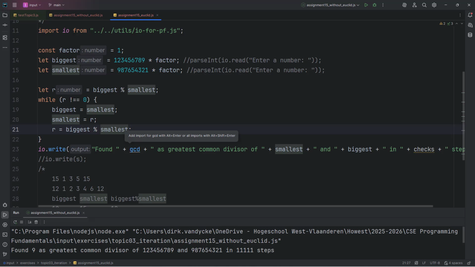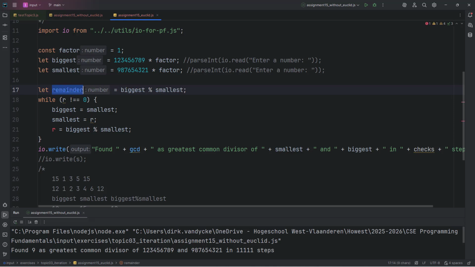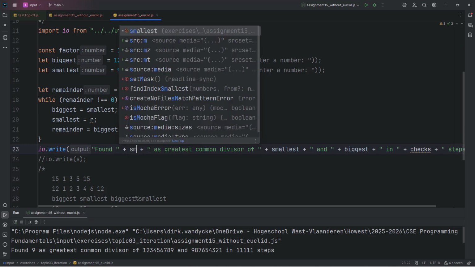And this is the remainder. I'm going to write it out in full as well while I'm at it. There we go. And now, let's see what this gives us. And of course, the GCD in this case will be the smallest one.